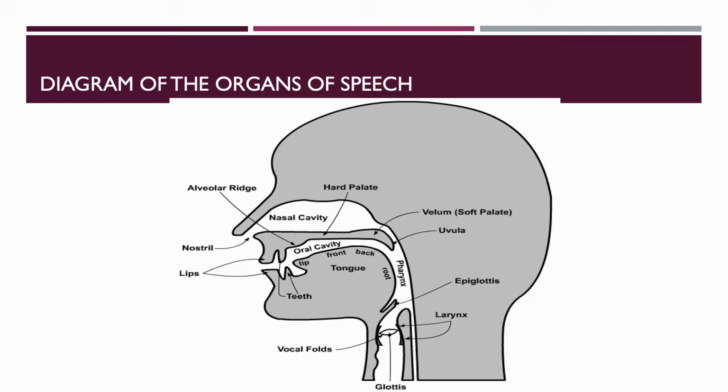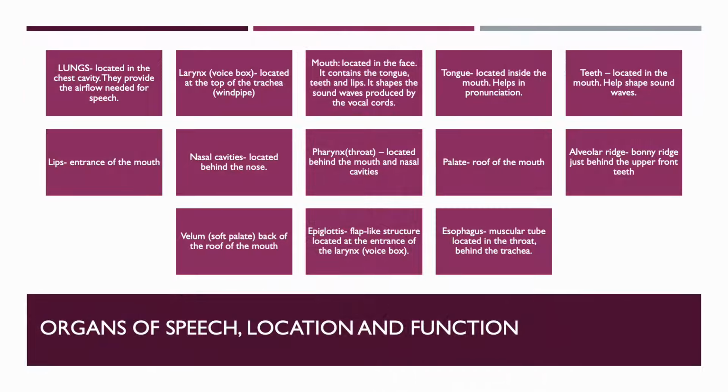Where in particular are they located and what are they used for? So the organs of speech, their location and function: you follow this pattern. If you look at it, you see that the lungs are located in the chest cavity, and they provide the airflow needed for speech.